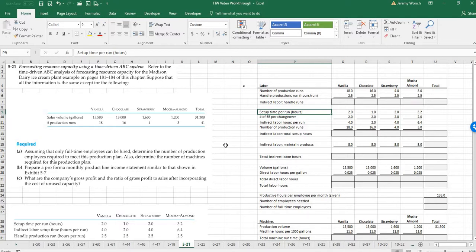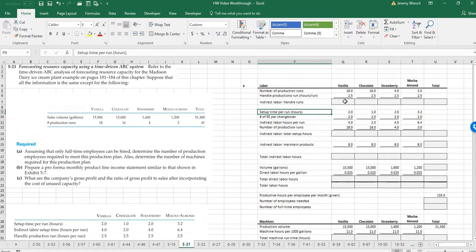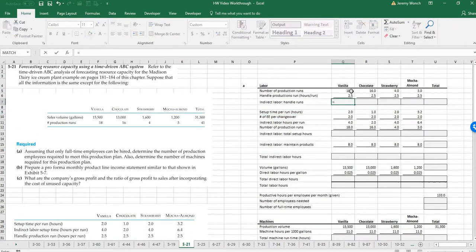Then it gives us the handle production run hours down here, 2.5 hours each. So we just multiply these, and that gives us the indirect labor for the handle runs.